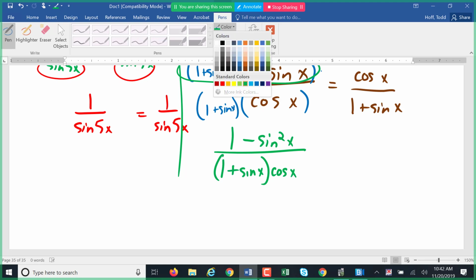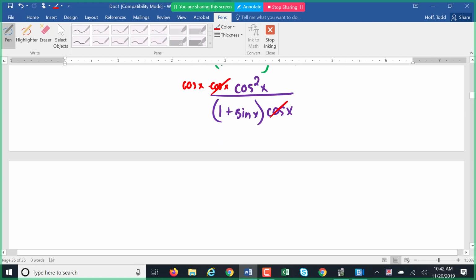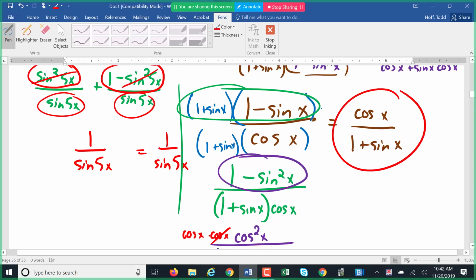The reason I'm going to leave it that way is because on top, I can replace 1 minus sine squared x with cosine squared x. And now, since cosine squared x is really cosine x times cosine x, I can cancel out one of those, which leaves me with cosine x over 1 plus sine x, which is what I had on the right side. There's a little bit shorter way to get to it than what I was going about there for a minute.